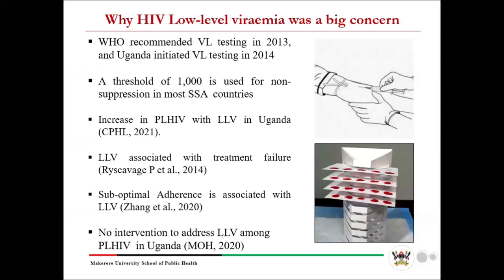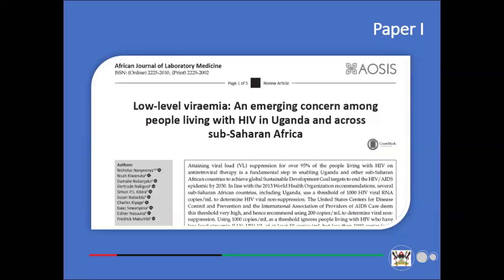But also, we were optimistic that this information would help other ministries of health with similar settings as Uganda. And we did a comprehensive literature review of the available data, and we were able to publish this paper in the African Journal of Laboratory Medicine, which is luckily hosted by ASLM, and members can look at that and get some insights.